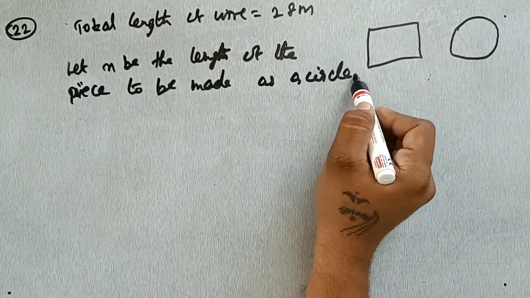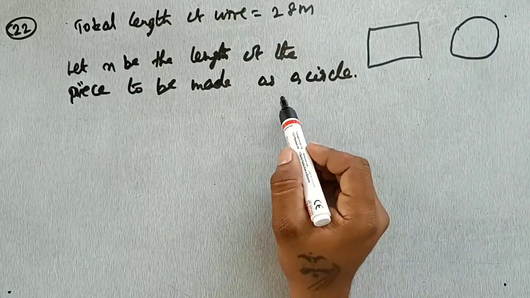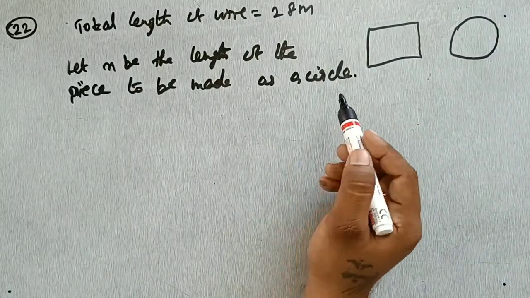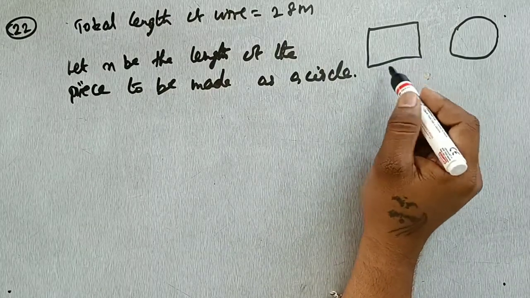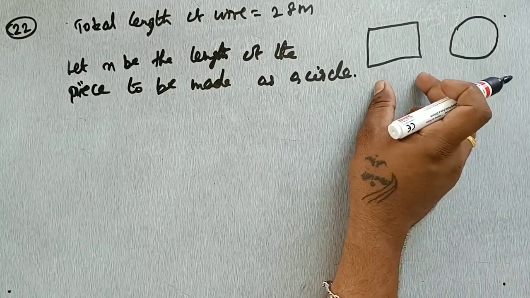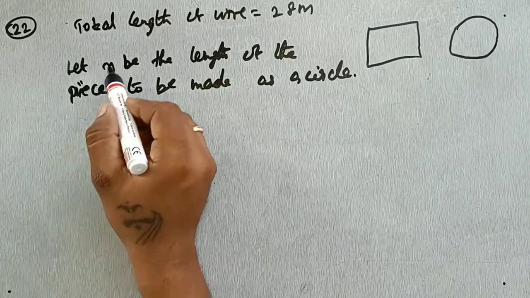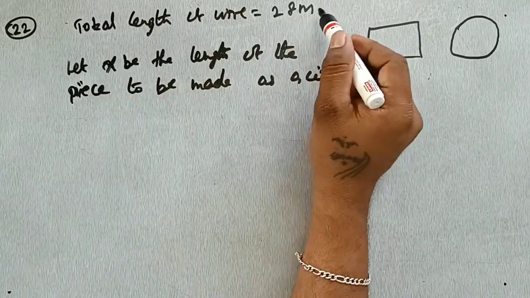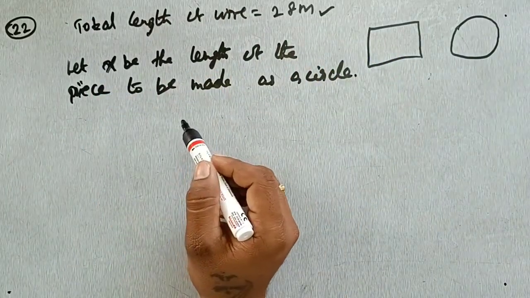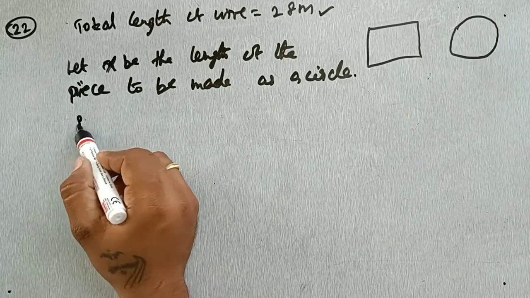If x is the piece to be made as a circle, the remaining length will be the length of the piece to be made as a square. The total length equals 28, so the remaining length will be 28 minus x.